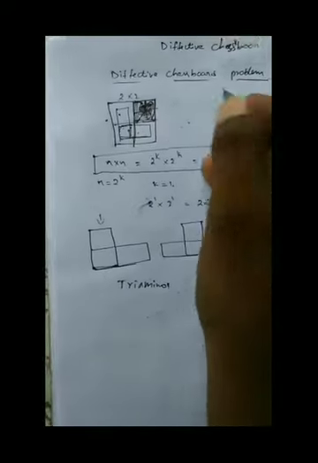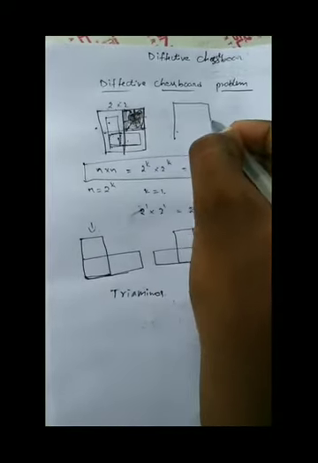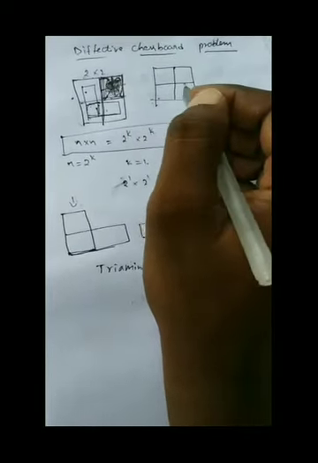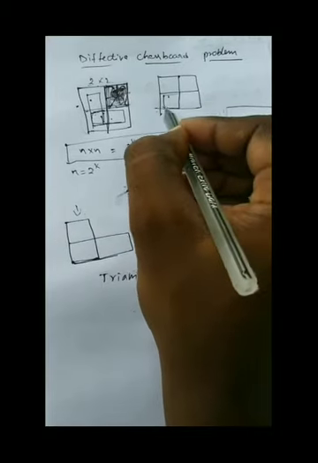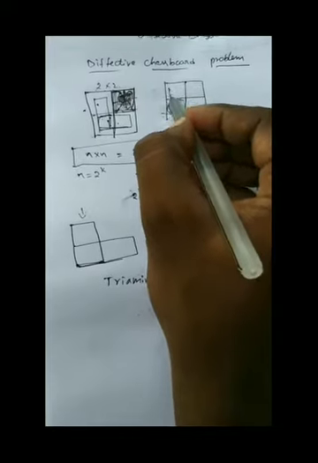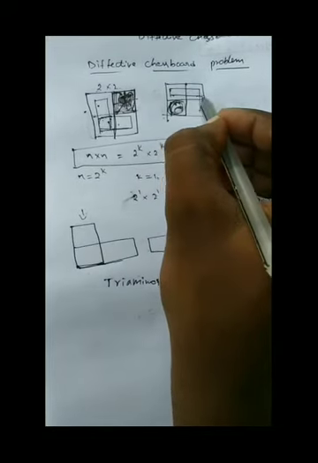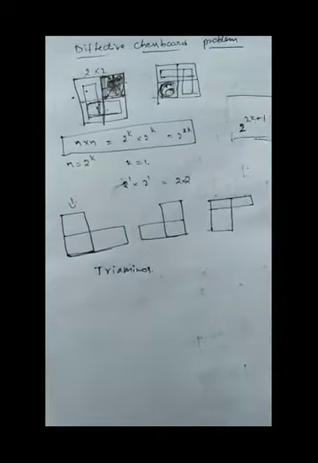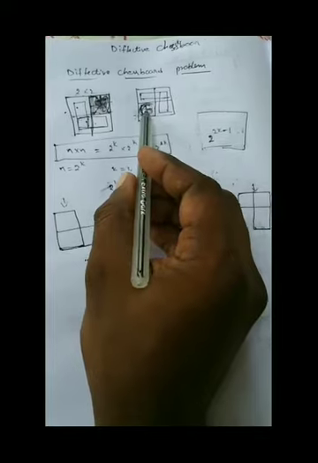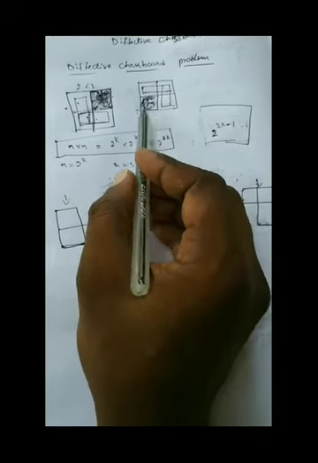Likewise, the defective square can be in any position. Here the square is the defective one, so the remaining squares are represented with this L-shaped trinomino.